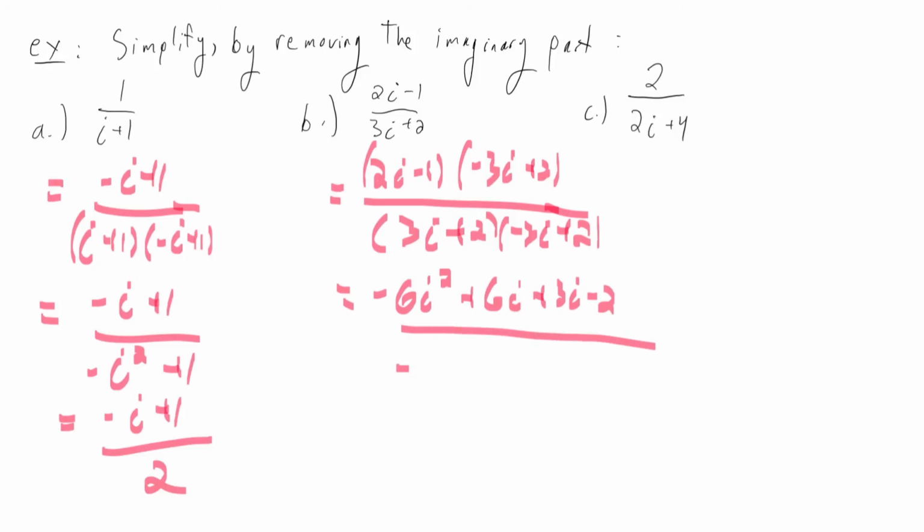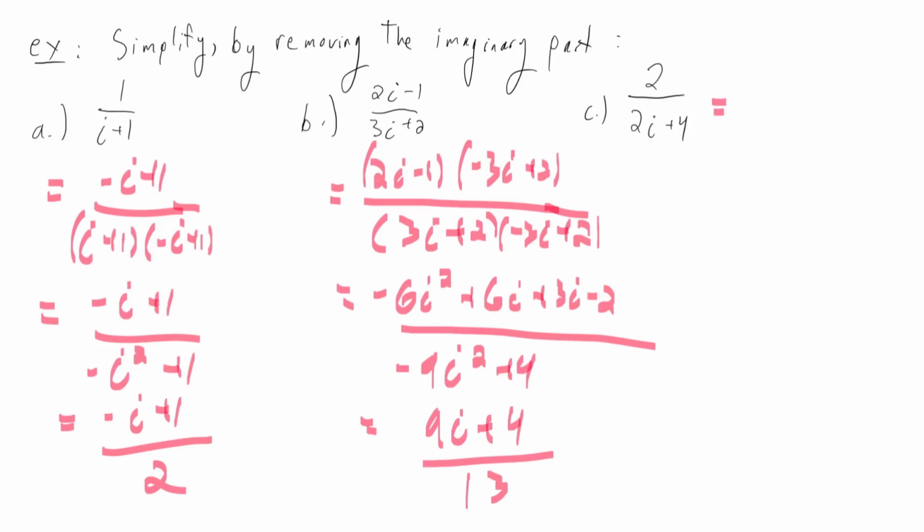And downstairs I have minus 9i squared plus 4. So this ultimately gives me 9i minus 6i squared is 6 plus 4 divided by 13. So again, by multiplying by the complex conjugate of the denominator, I clear out the imaginary part of the denominator.